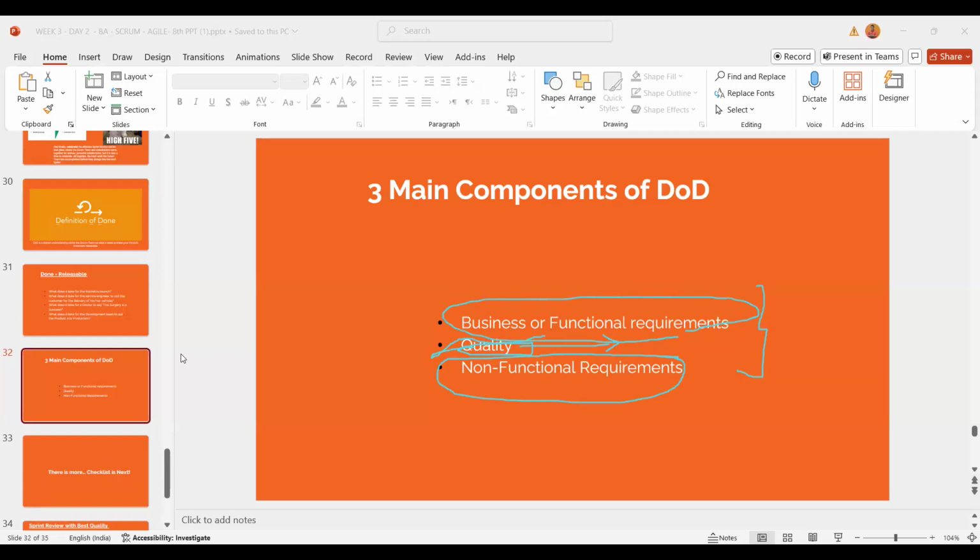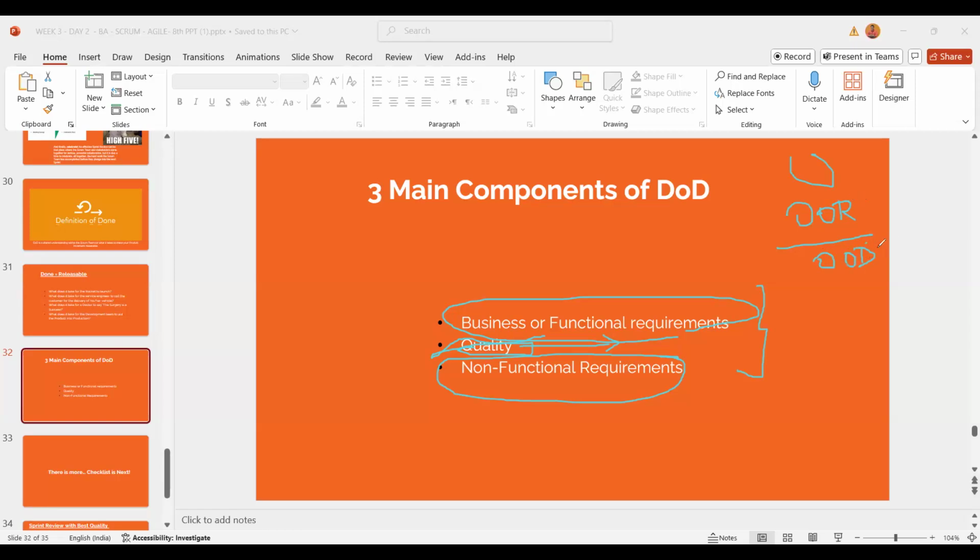When we say checklist in software, always remember there are two parts. How many parts? Two parts when it comes to delivery. One is DOR and another is DOD. What is the full form of DOD? Definition of done.